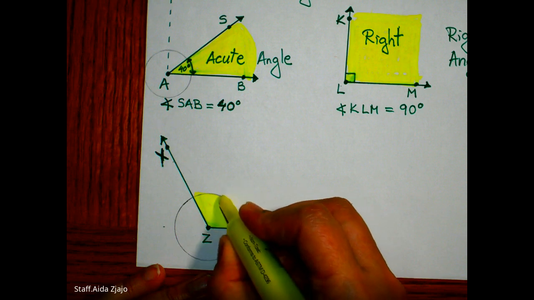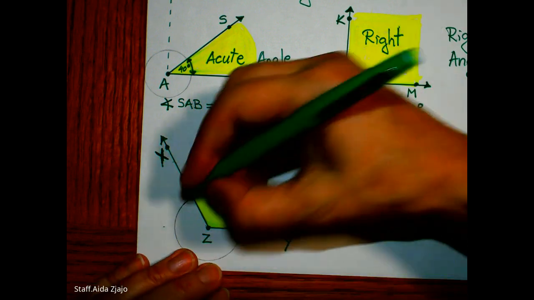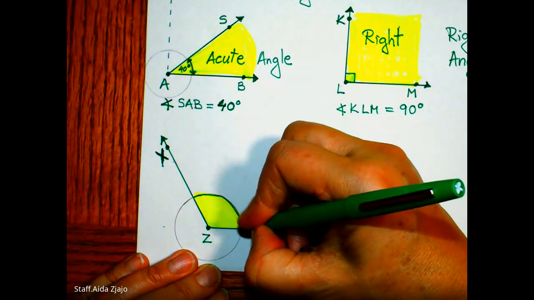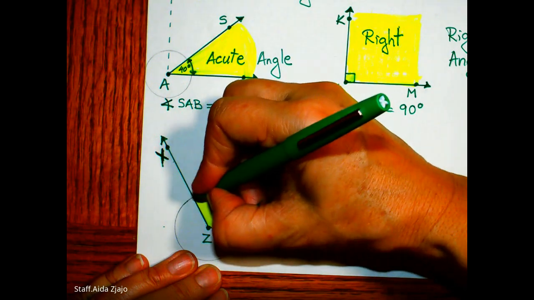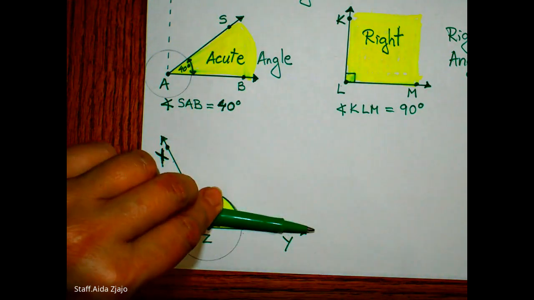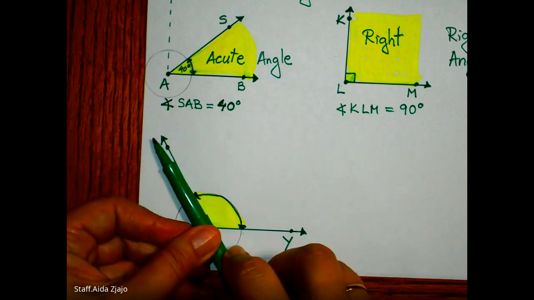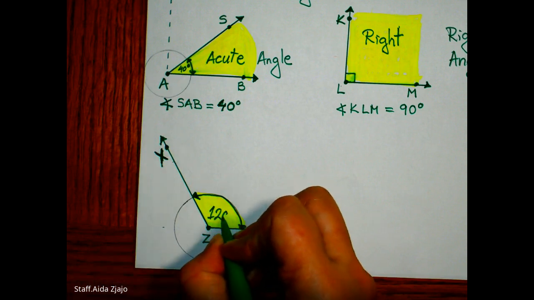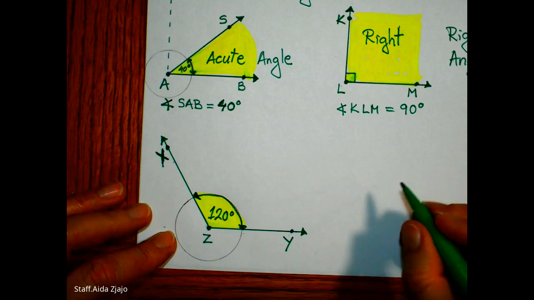It's bigger than 90 degrees, so we usually label with part of a circle with arrows, because we can measure the angle from this side to Y, or from ZY to ZX, and the measure will be 120 degrees, and this is called an obtuse angle.